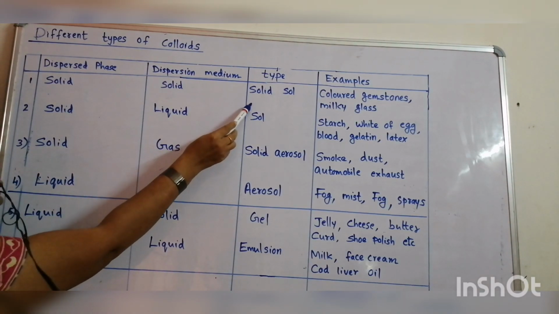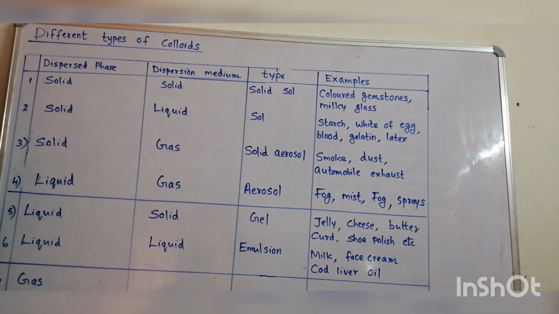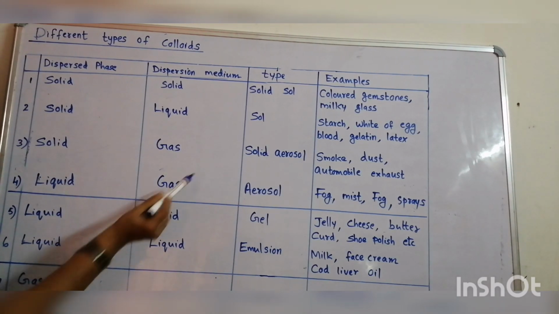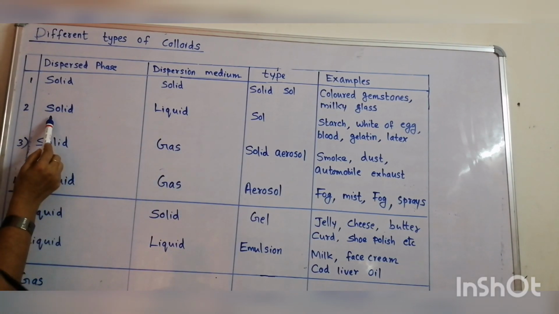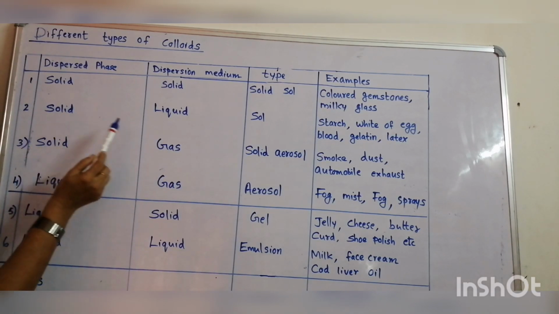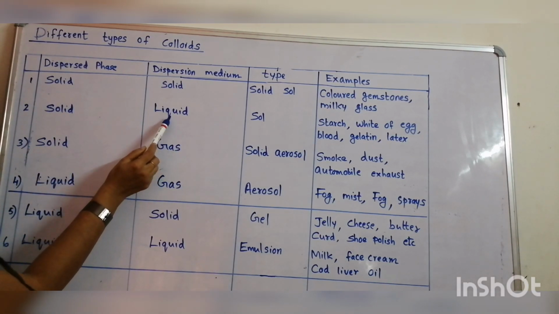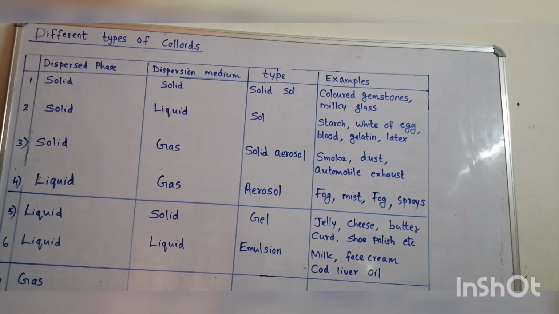So they are solid sols. For example, colored gemstone and milky glass. In sols, dispersed phase is solid and dispersion medium is liquid. Examples: starch, white of egg, blood, gelatin and latex.